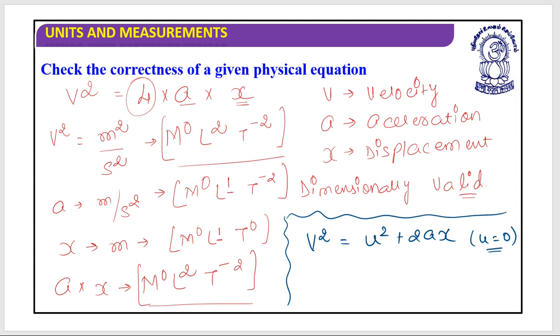But let's say if u is equal to 0, then the relation according to the physics is v square equals 2ax. And what we have checked for consistency is v square equals 4ax. Even though the relation is not valid according to the physics, it is dimensionally valid.